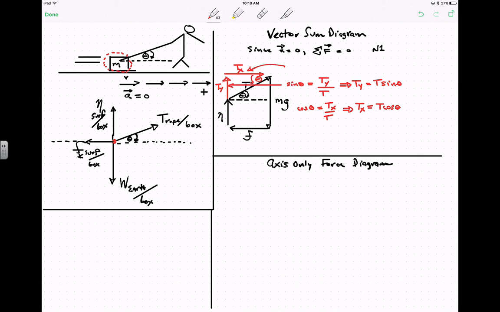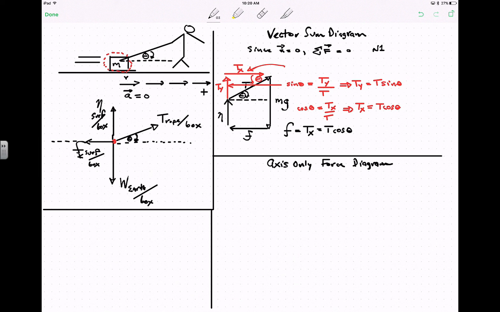Now I can see from my vector sum diagram what's equal to friction, and what's equal to weight: Ty plus N. I'm going to write those out. Typically the verticals will tell you something and the horizontals will tell you something. So friction has to be equal to Tx, which is equal to T cosine theta. If I'd given you tension and mass, you'd be able to solve for friction.